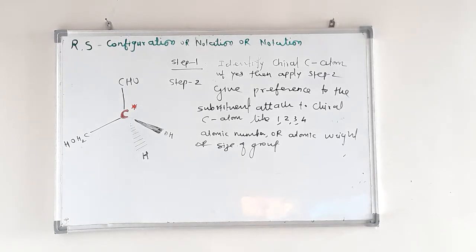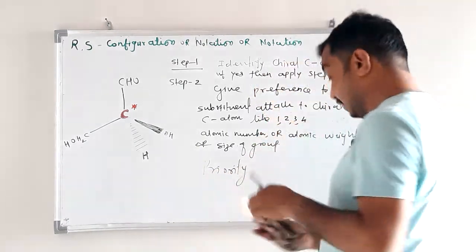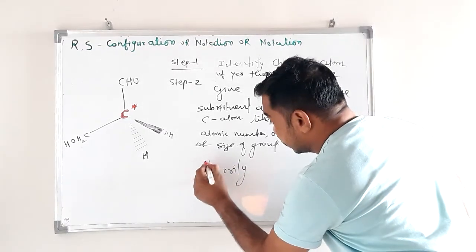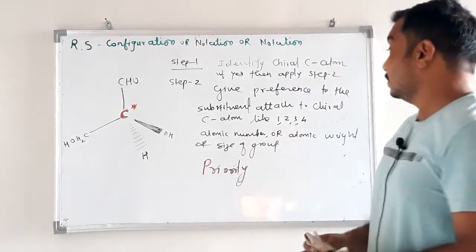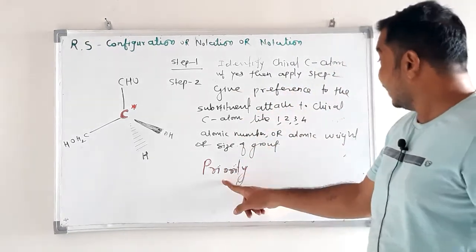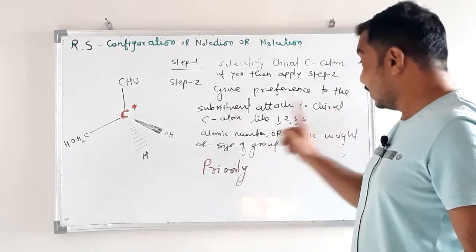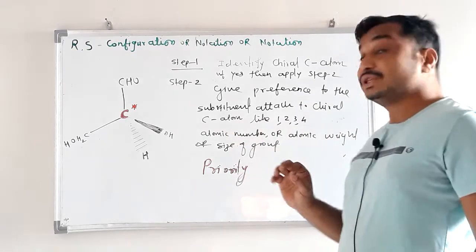Priority. The proper word is priority. Priority or preference. Priority means importance. Priority means give preference or priority to the substituents attached to the chiral carbon atom, like 1, 2, 3, 4. On the basis of what?